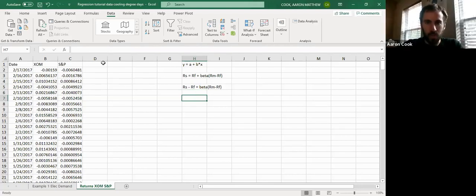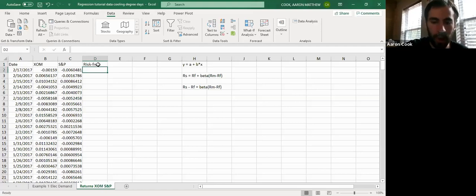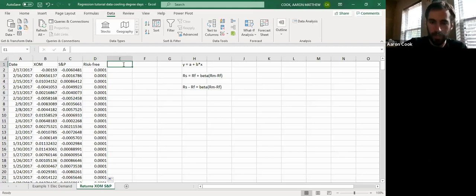So there's one key manipulation we have to do before we run the regression: we have to subtract off the risk-free rate from each of these observations. So I'm going to put in a new column for the risk-free rate. The new data is going to be represented by the returns on the stock minus the risk-free rate.